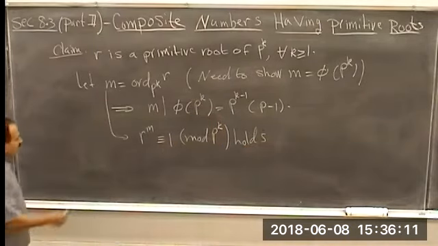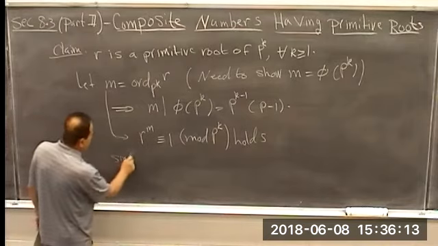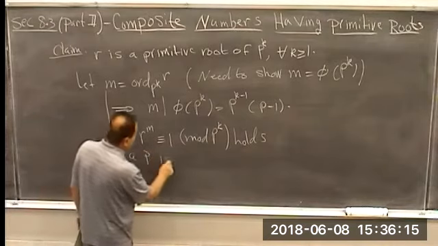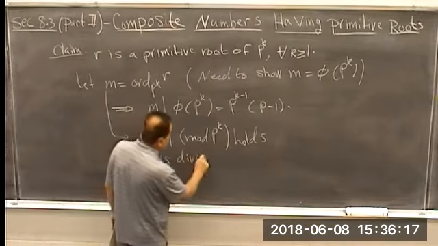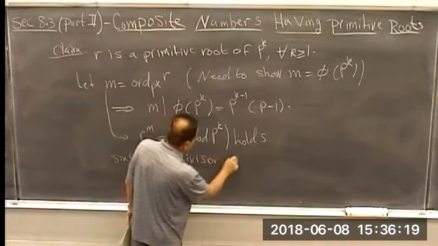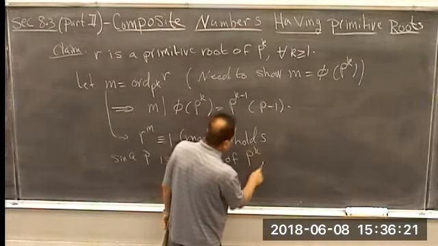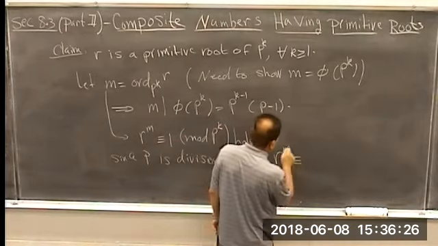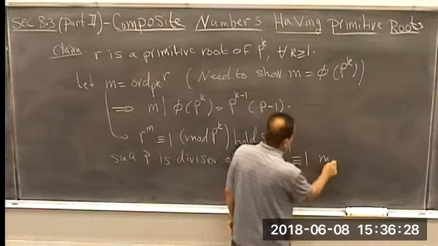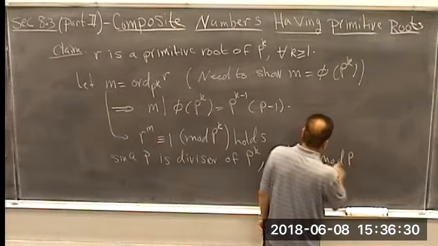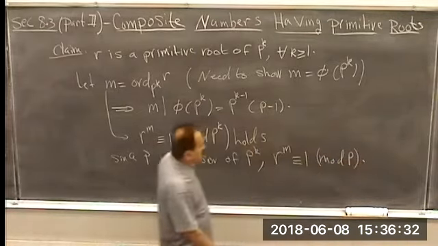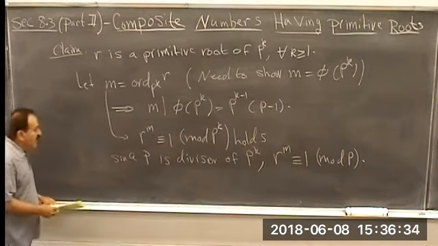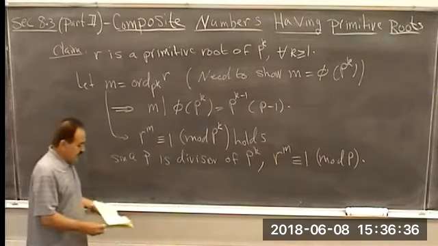Now, since p is a divisor of p to the k, the congruence relation R to the M is congruent to 1 mod p also holds, because it holds for any divisor of the modulus.